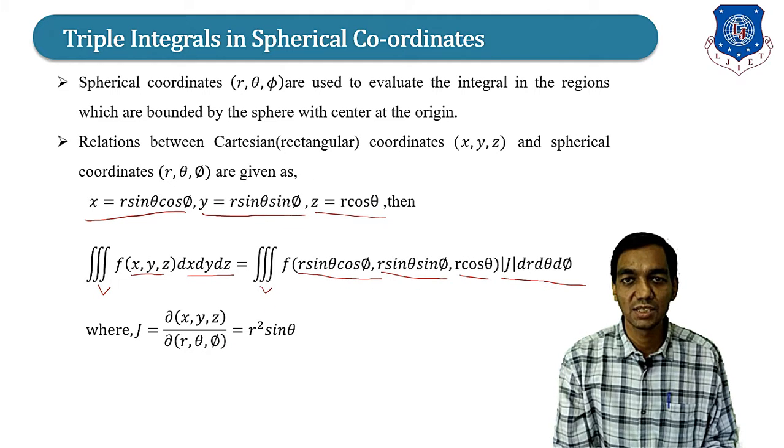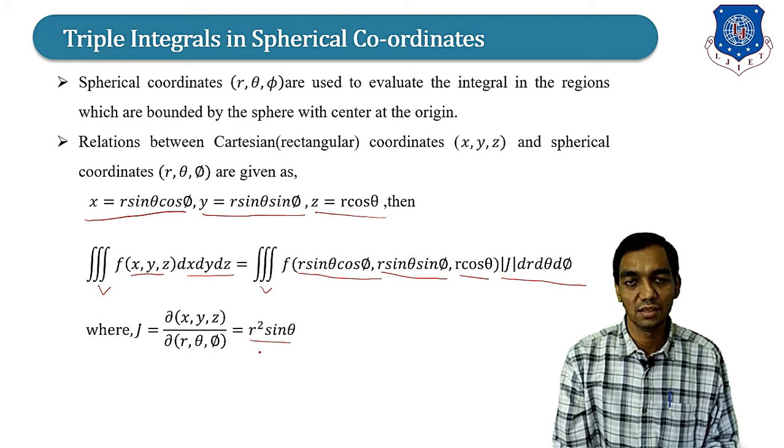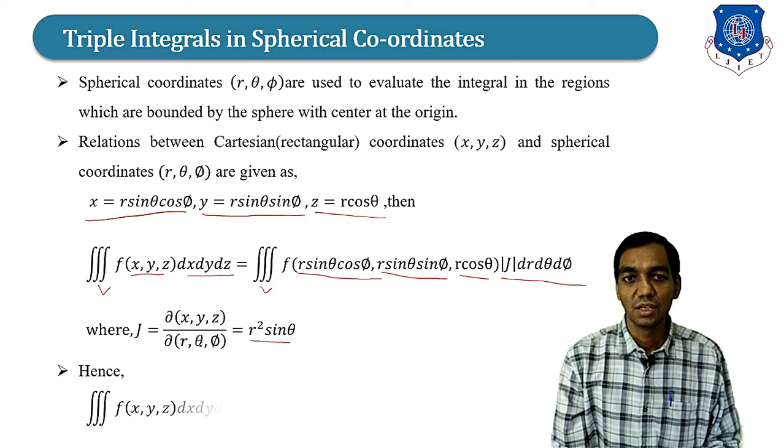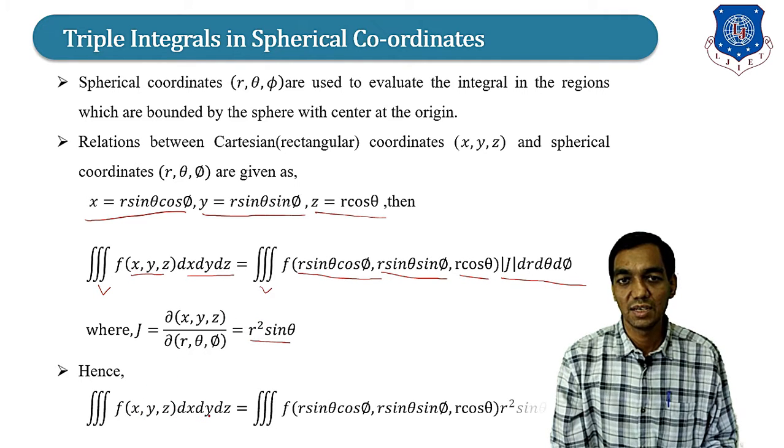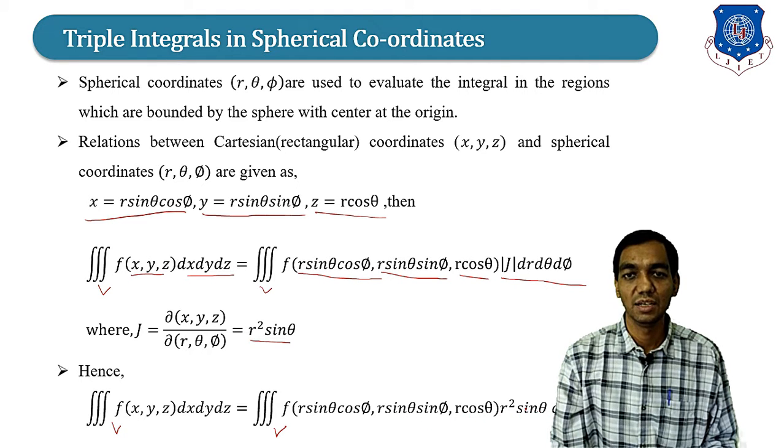If you find the Jacobian of this, it is going to be r square sin theta. So the triple integration of f of x, y, z dx dy dz over a volume V is the triple integration over the volume V of f of r sin theta cos phi, r sin theta sin phi, and r cos theta, where mod J is replaced with r square sin theta dr d theta d phi.